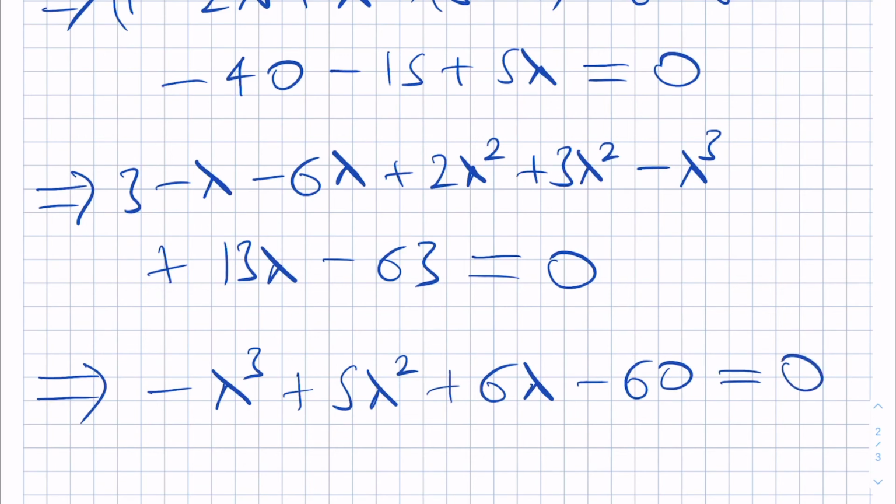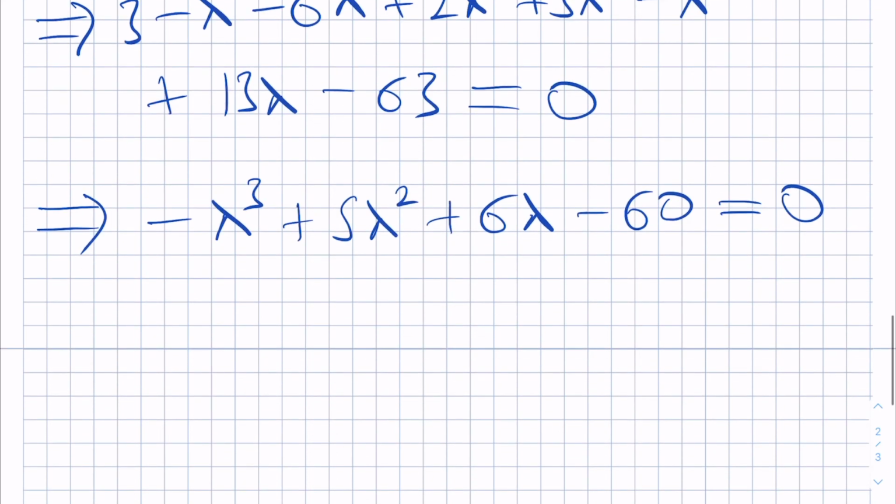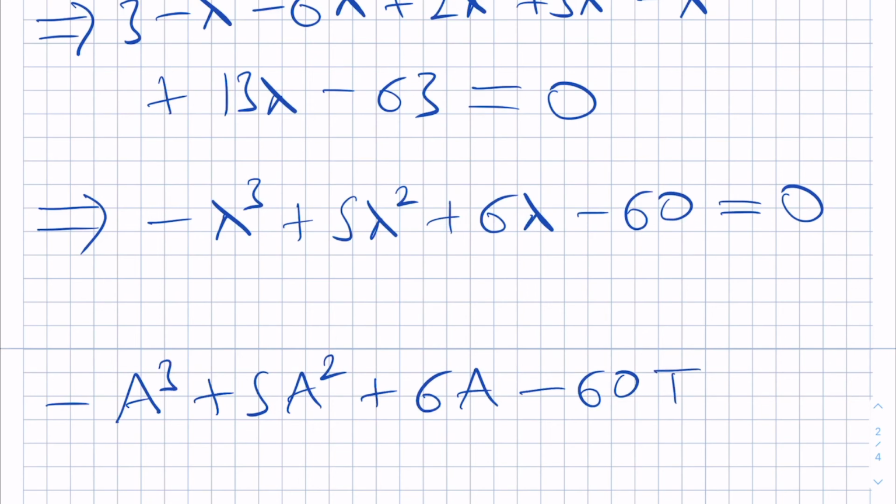The Cayley-Hamilton Theorem says that a matrix satisfies its own characteristic equation. So we can replace the lambdas in this equation with the matrix A. This will give us minus A cubed plus 5A squared plus 6A minus 60I is equal to 0.